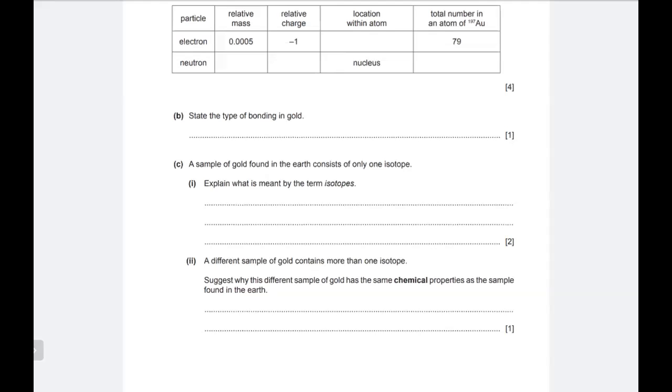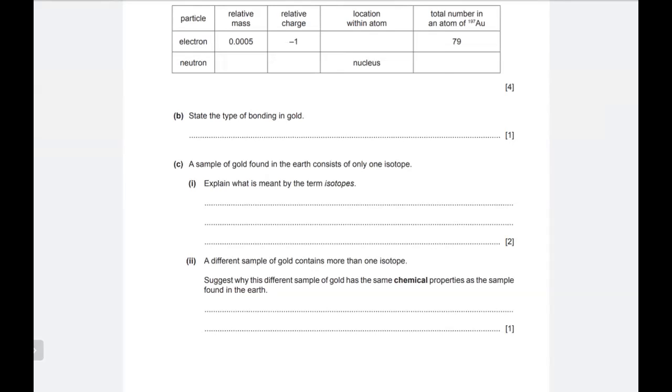So the only difference is the number of neutrons. However, when the number of neutrons and mass change, all the physical properties change, but chemical properties remain the same, because chemical properties only depend on electrons. That is the short note on isotopes.